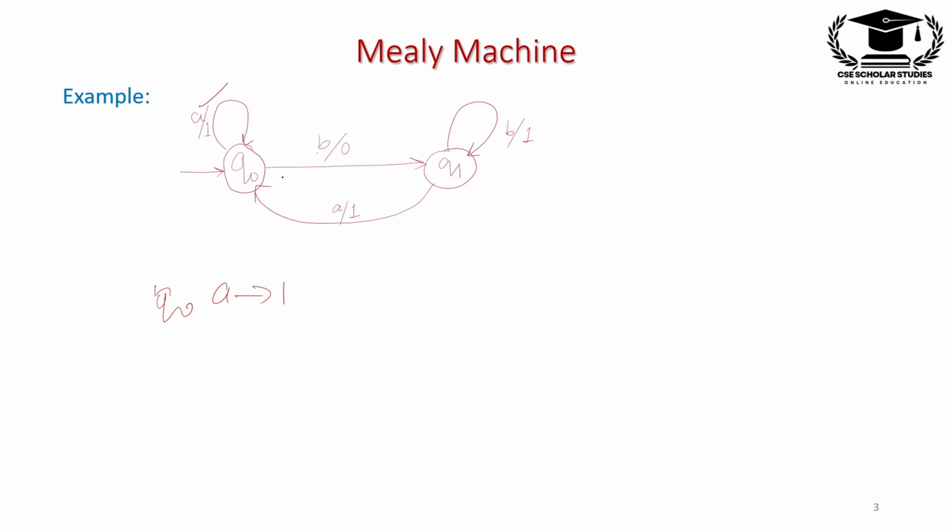For B input, for this transition from Q0 to Q1, the output is B, and for this transition on B the output is 1, and for this transition on A input the output is 1. So this is how we represent the Mealy machine with a transition diagram.